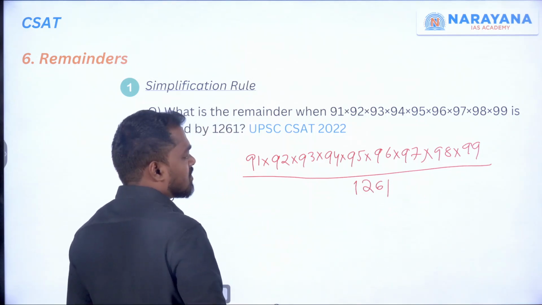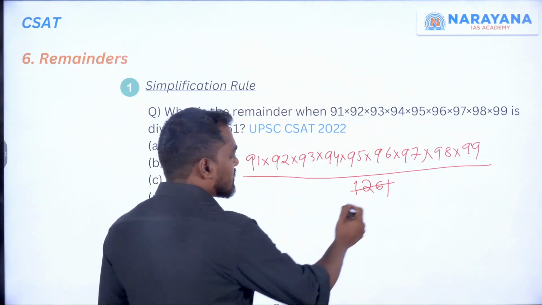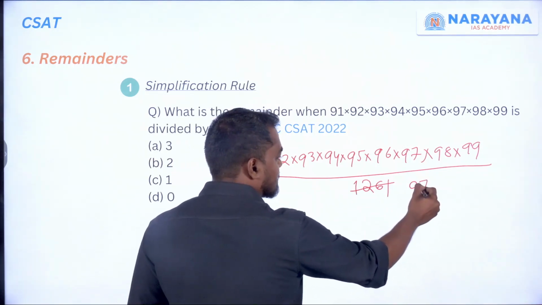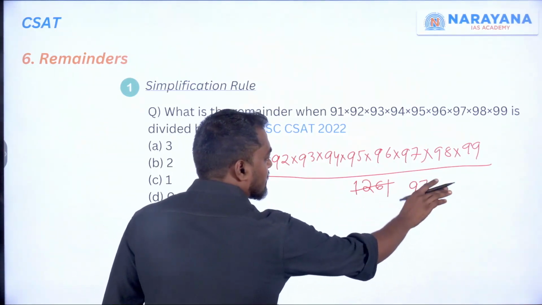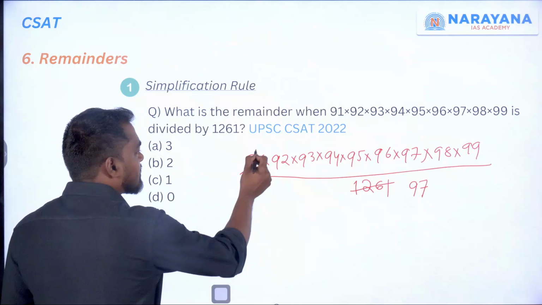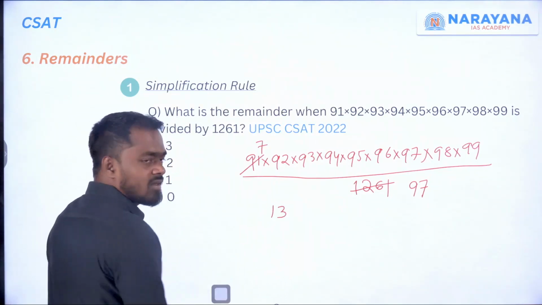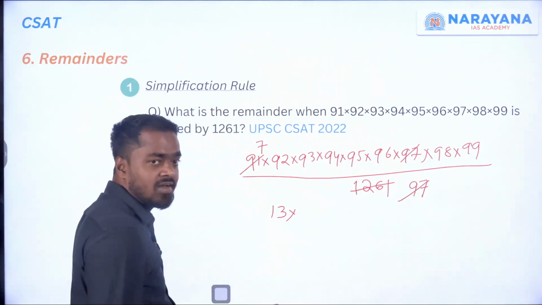divisible, 12 is also not divisible, 13, if you take by 13, this is nothing but 13 nines are and 91 sevens are. So 13 sevens are 91. You got one common factor, that is 13. And if you see 97 and 97, we can cancel, right?